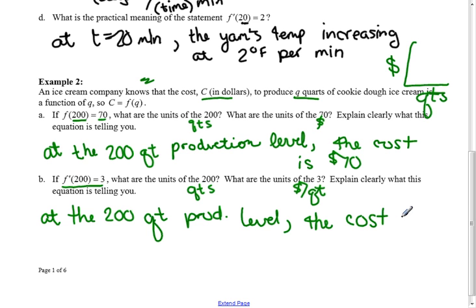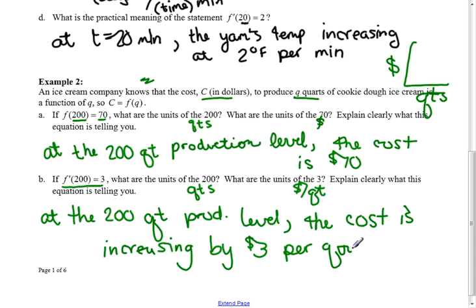You always want to specify if it's increasing or decreasing, and you can tell that just by the sign. The cost is increasing by, and how much is it increasing by? It looks like it's going to be $3 per quart. That says quart there. It's kind of hard to understand, but that's okay.